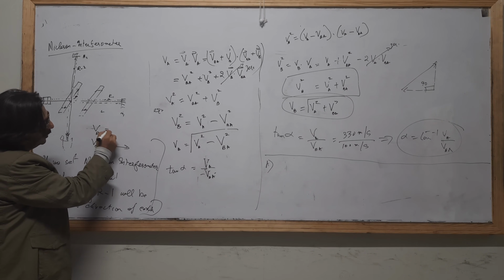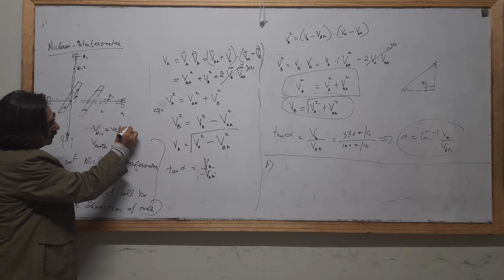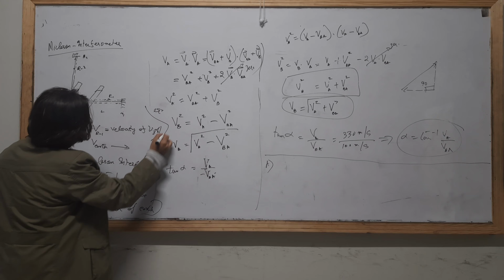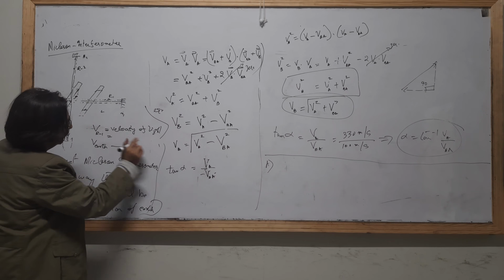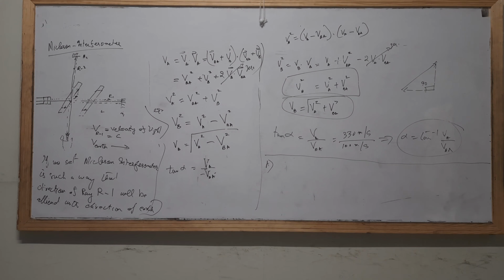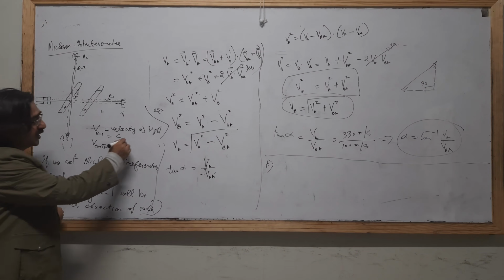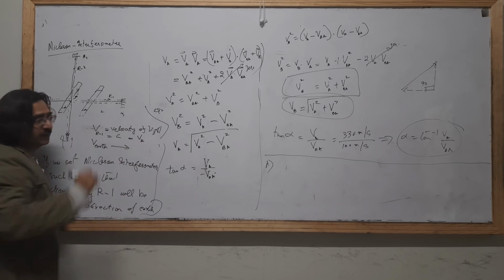This is the velocity of light, that is c. Here is the ray, and this is observed by a stationary observer. This is VA.